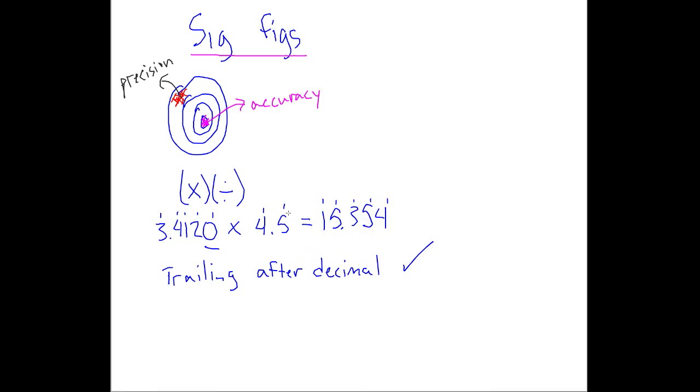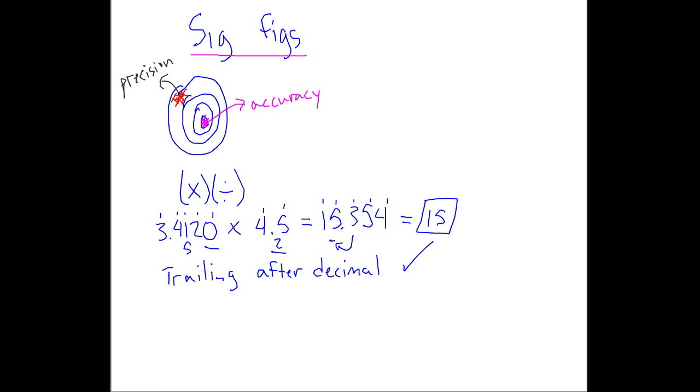It doesn't know about the precision of your instruments that you've been using. When you're multiplying and dividing, you find the number that has the least amount of sig figs. Here it's 2. So our answer can only have 2 sig figs. So you go to where the second sig fig would be, and you round accordingly. So our answer would just be 15. So that's multiplication and division. Find the number with the least significant figures and use that number for your answer.